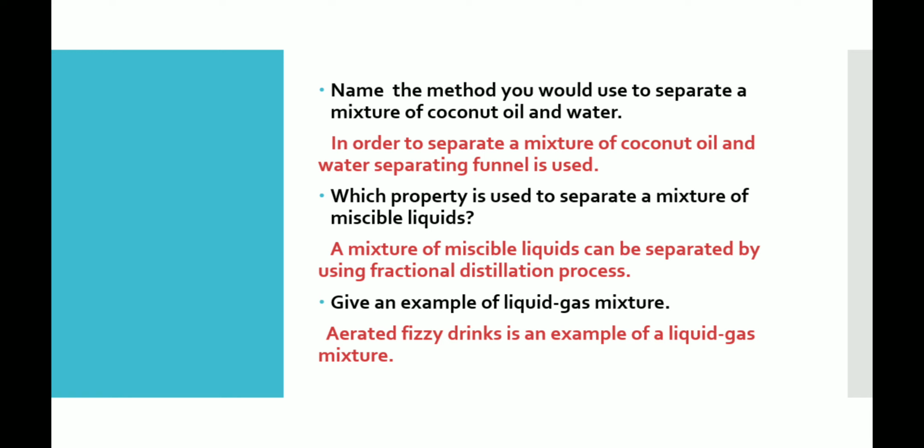In order to separate a mixture of coconut oil and water, a separating funnel is used. Then the next question. Which property is used to separate a mixture of miscible liquids? A mixture of miscible liquids can be separated by using the fractional distillation process.